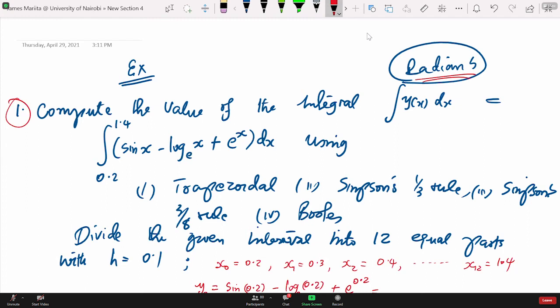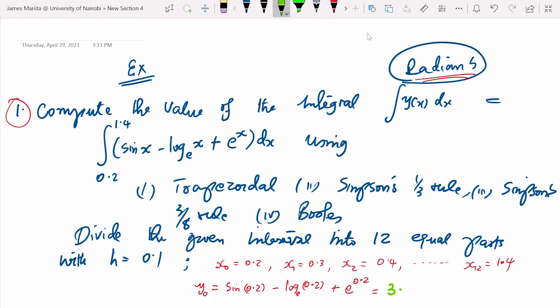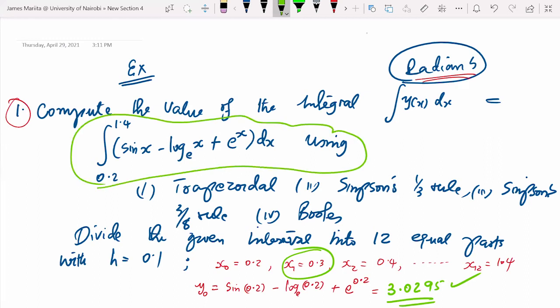You should note that very carefully. This is the correct figure, 3.0295. So the same way, you can then work out your y values and so on. Since you have all the formulae, you can do the substitutions and work out the approximate value of that given integral.